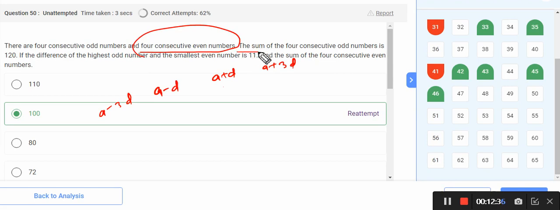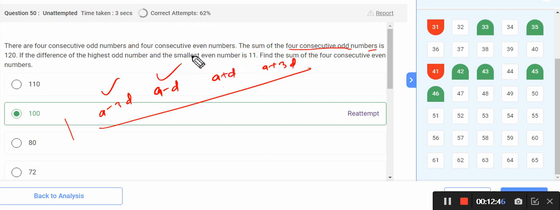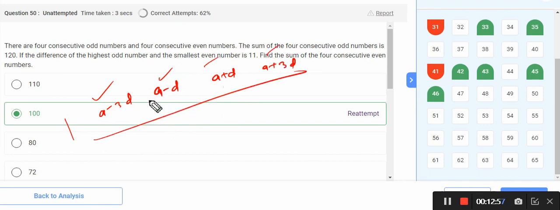Next, the question says the sum of 4 consecutive odd numbers is 120. Taking these values, all the D terms will be cancelled and we will be left with only A. So 4A will be 120, so the value of A will be 30.